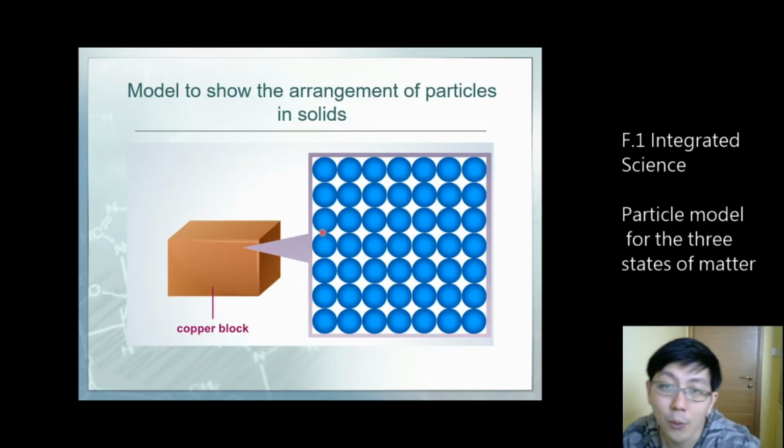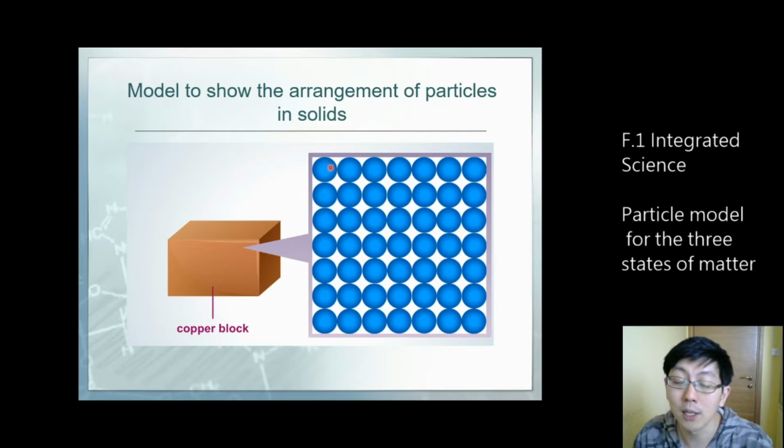If we really look at the arrangement of particles in copper, it will look like this. This is an arrangement of the particles in a typical solid. For the copper block, the particles will be arranged like this. Each blue ball represents a particle of copper. You will see that they are arranged regularly and orderly. Actually, these particles are moving all the time.